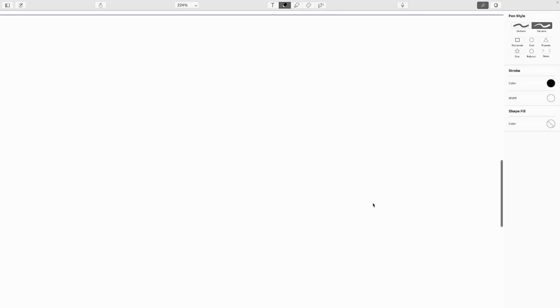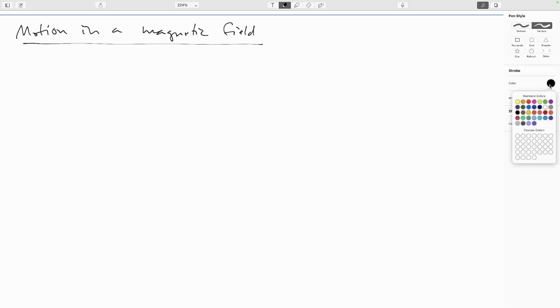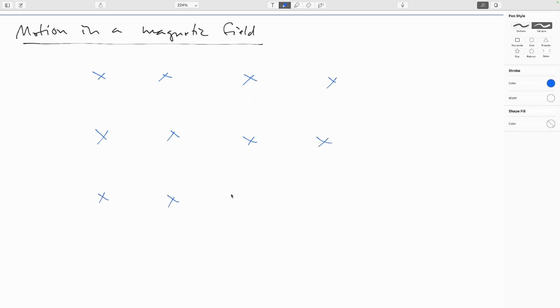So this is the first of 3 cases I'm going to be thinking about of motion in a magnetic field. So let's go and focus on our positive charge. Just for a moment here, again, let's just have our magnetic field uniformly going into the screen like so.